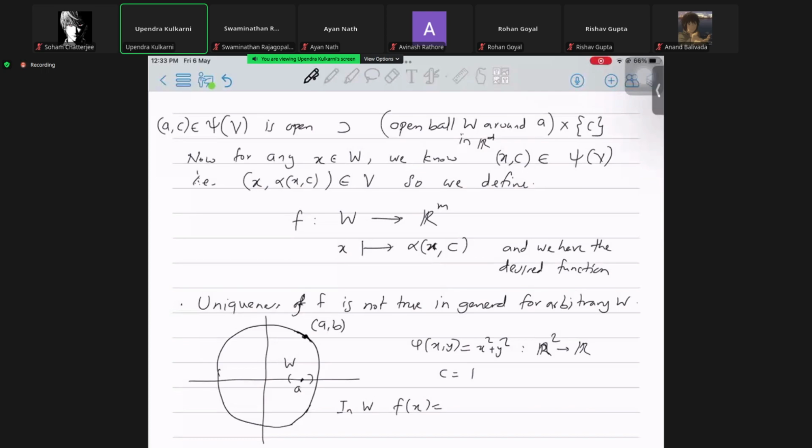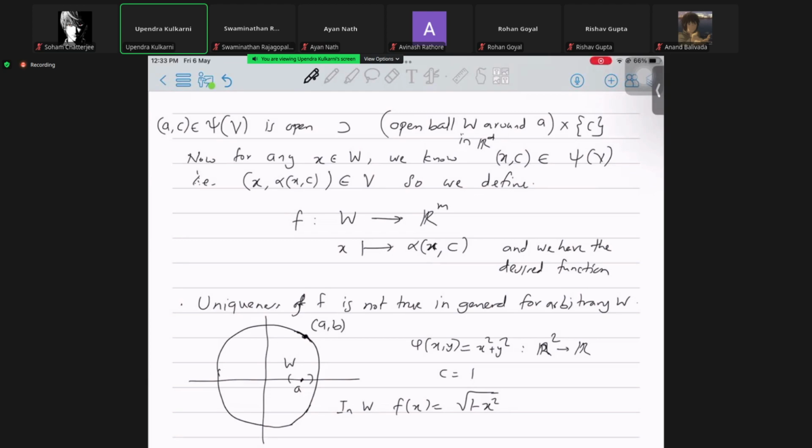I'm supposed to be able to solve locally for y in terms of x, ensuring that f of a is b. So there is only one way of doing that, right? So what is the formula? Square root of 1 minus x squared. So this seems fine, no? I mean, I got this neighborhood, and the answer really was unique.